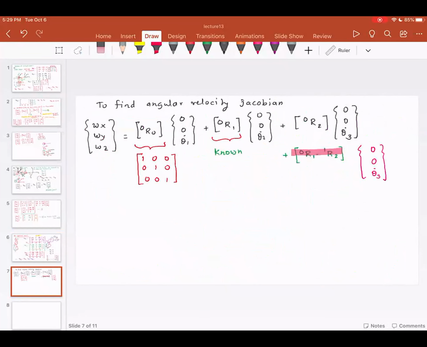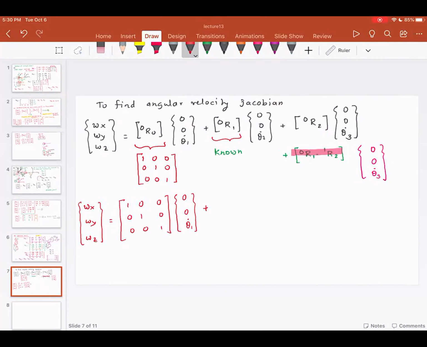So here, if I want to work out this problem, I have omega x, omega y, omega z. I will have the identity matrix 1 0 0, 0 1 0, 0 0 1, multiplied by 0 0 theta 1 dot, plus 0 0 R1.